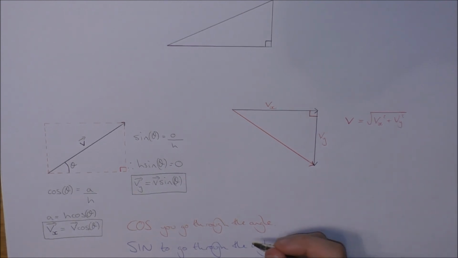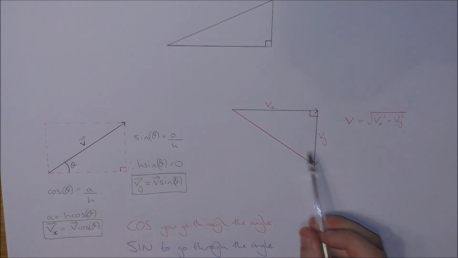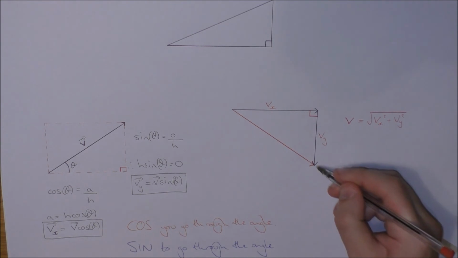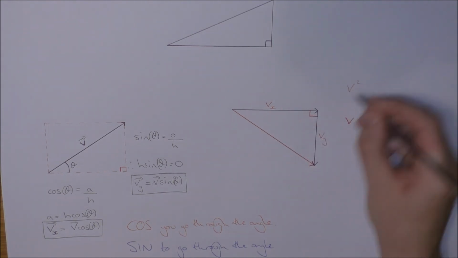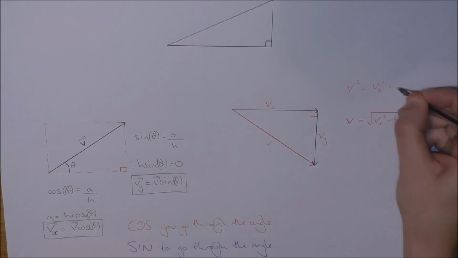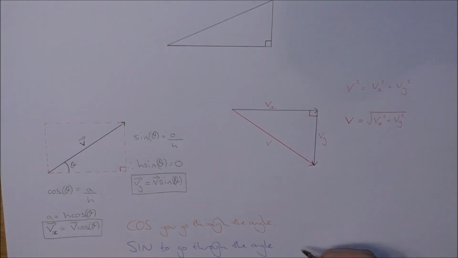So that's just from Pythagoras. This coming from the fact that the hypotenuse V squared, if I was to call that V, is equal to Vx squared plus Vy squared.